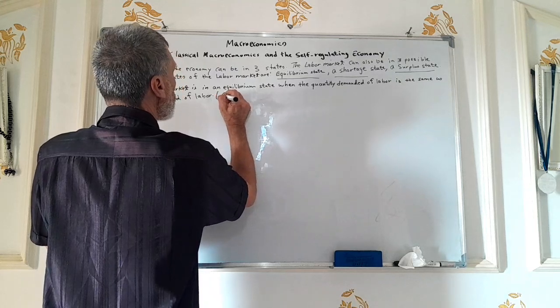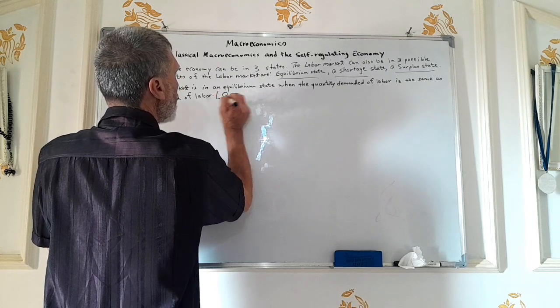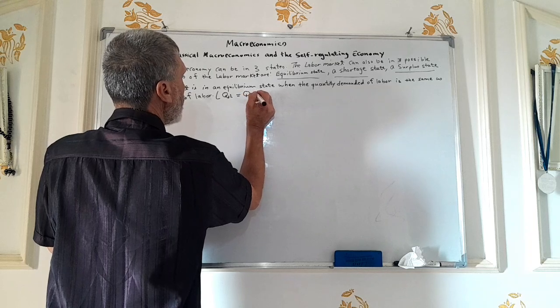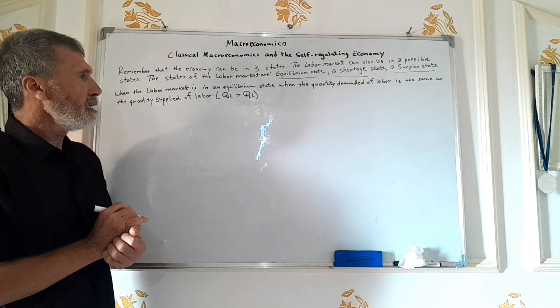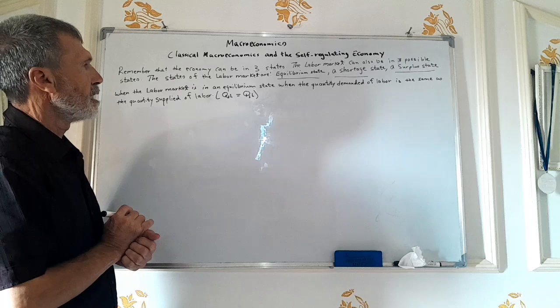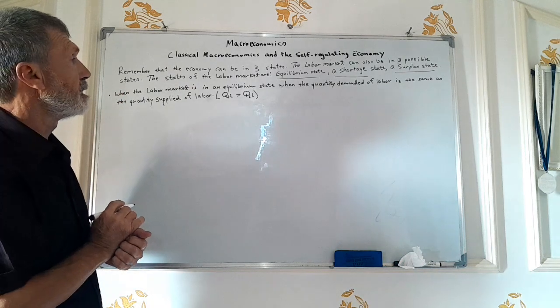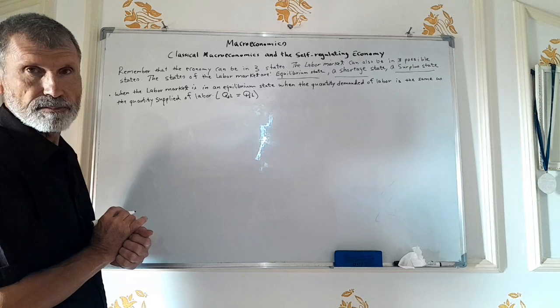That is, quantity demanded of labor is equal to quantity supplied of labor. Okay, this is basically when the labor market is in an equilibrium state.